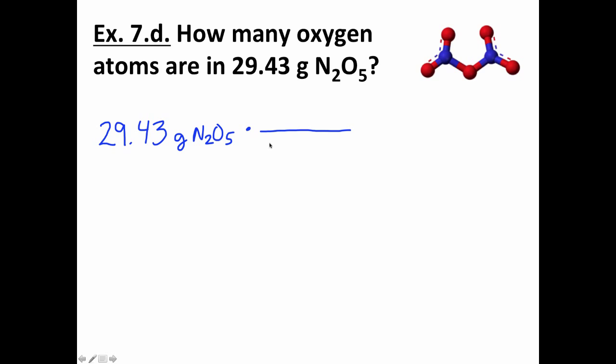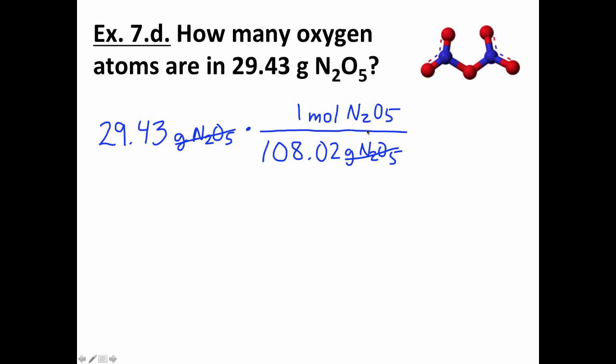And of course, the most useful thing here is we know there are 108.02 grams of N₂O5 that is equal to 1 mole of N₂O5. So that conversion converts from grams of N₂O5 into moles of N₂O5.